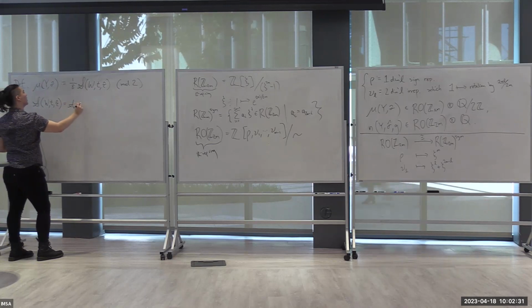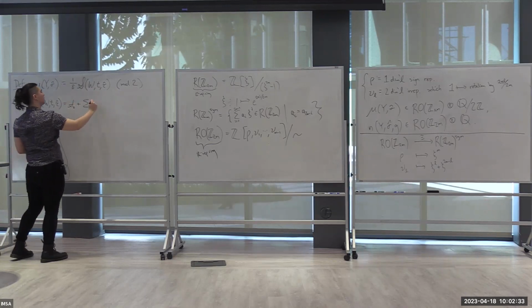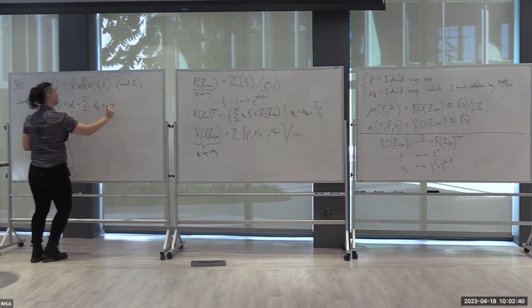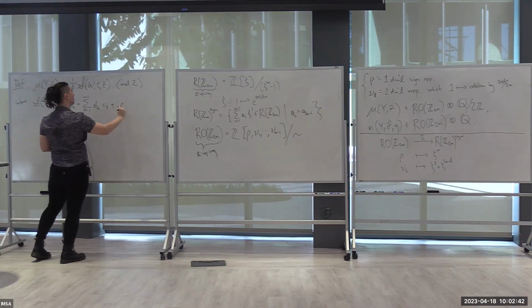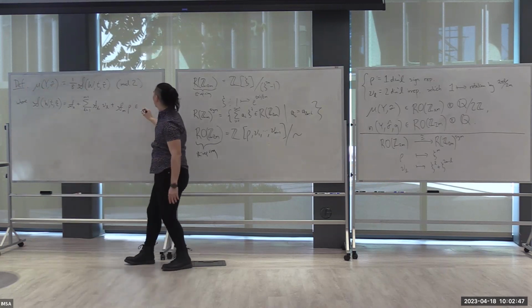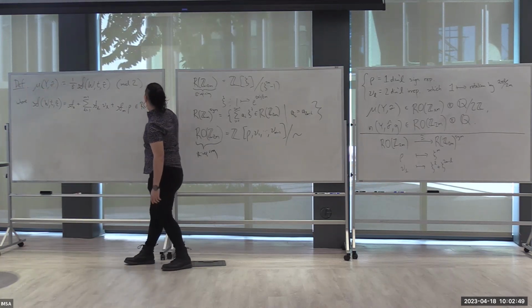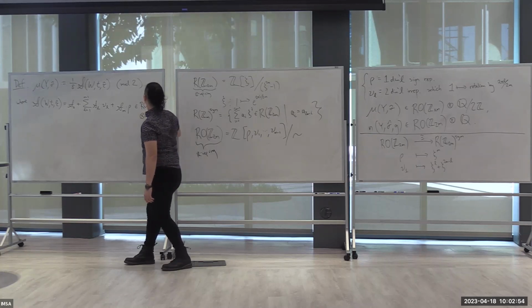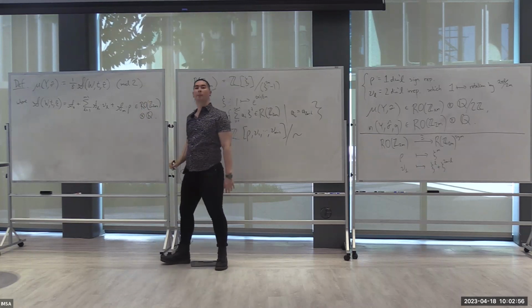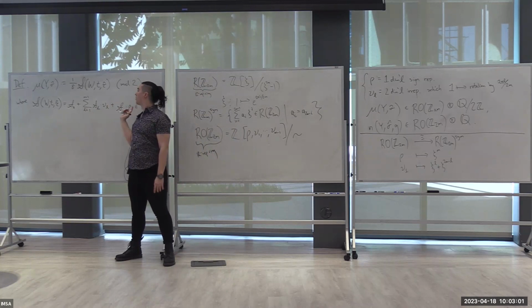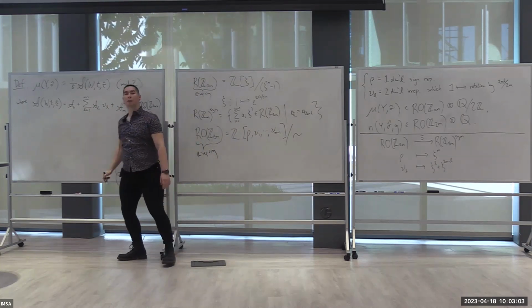Right, it decomposes along components, and it's going to be an element of RO(Z mod 2m) tensor the rationals. So I can write any element of this as a sum of the following components. I'll just tell you what each of these guys are.